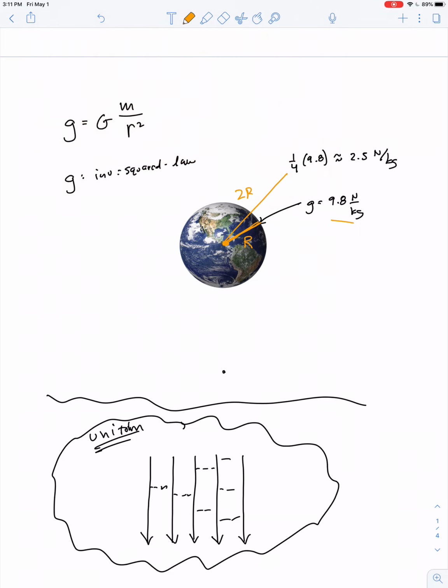If you're interested in the gravitational field strength at a distance of 3R, at that point gravitational field isn't just 1/3, rather it's 1/9 of 9.8, or about 1.1 newtons per kilogram, and on we go.